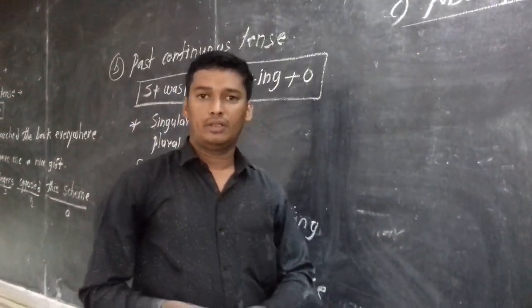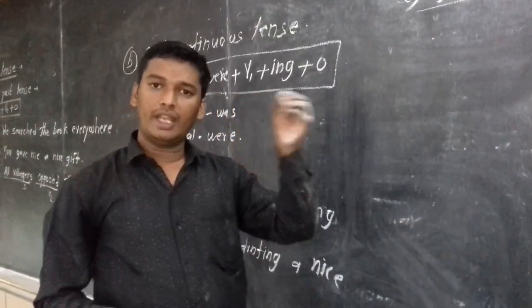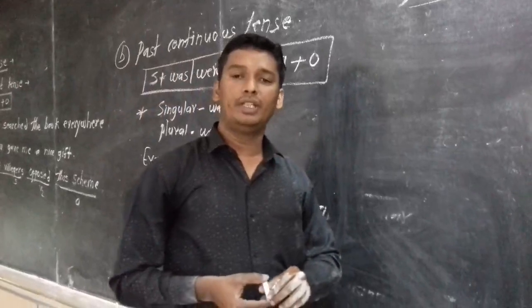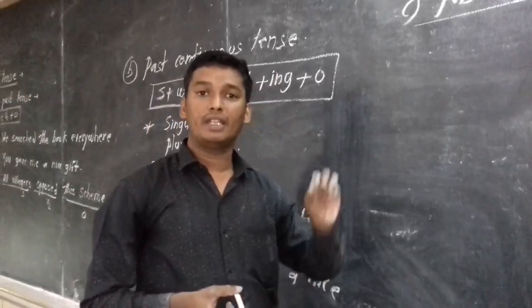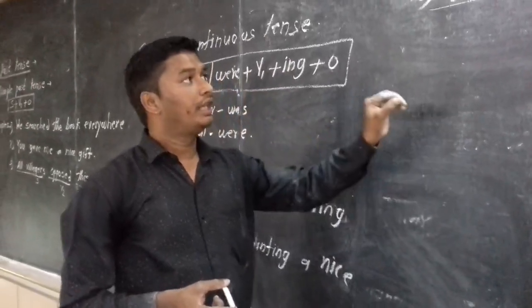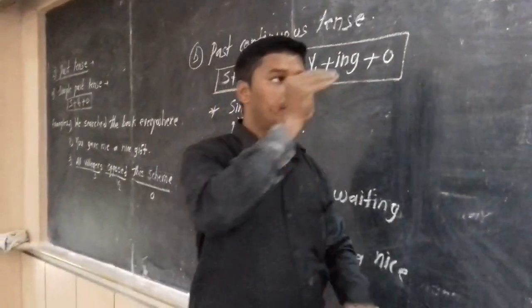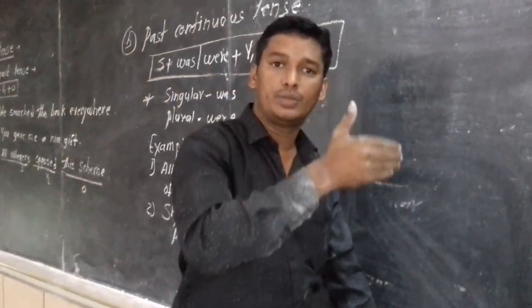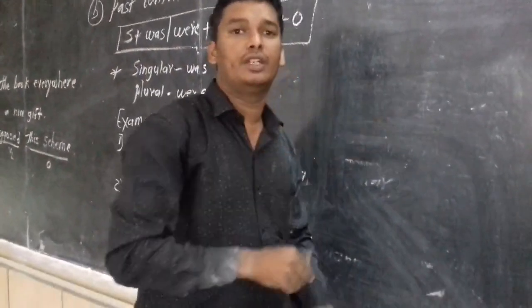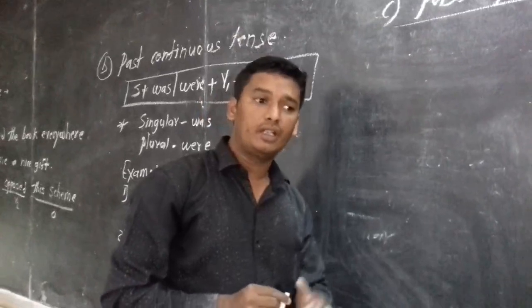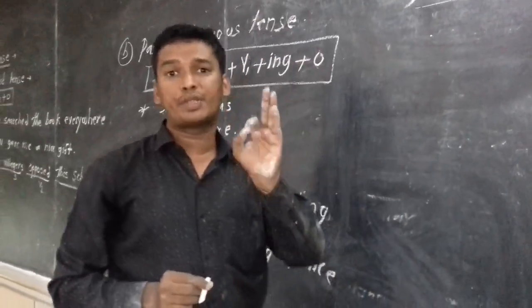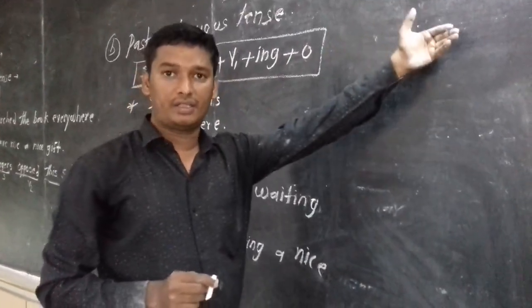If an action has been completed in the past at the time of speaking, then we use this past perfect tense. This tense is used to express such action which has been completed at the time of speaking in the past.